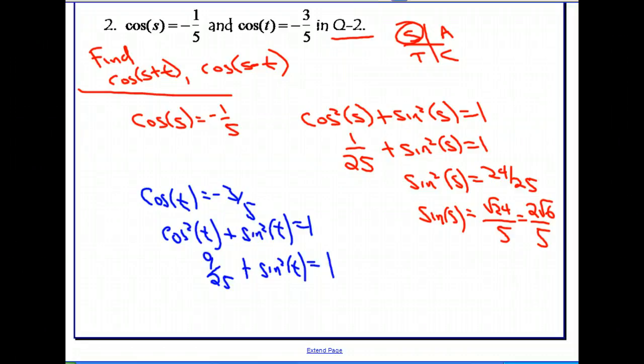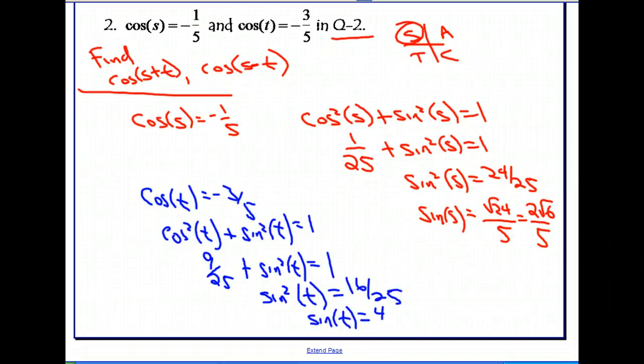That equals a 1. Subtract it, and I get sine squared is 16/25. Take the square root. And look at that. The sine of t is 4/5.